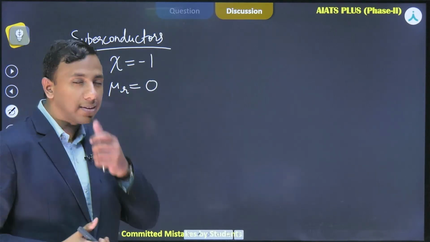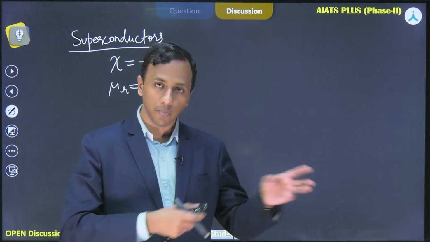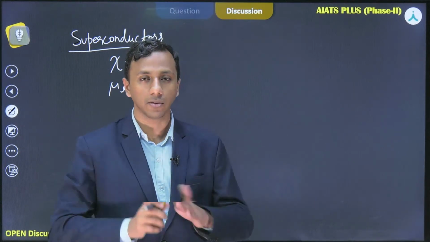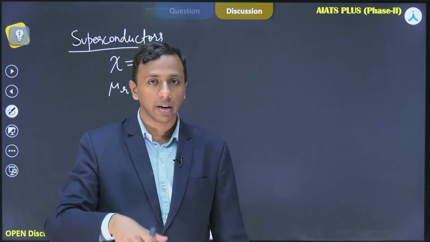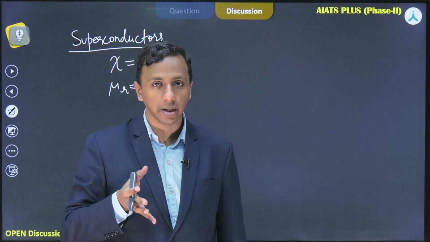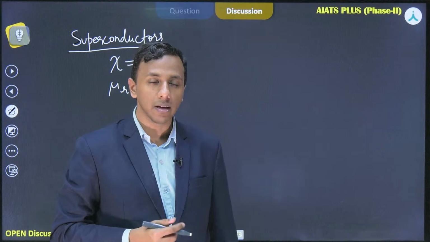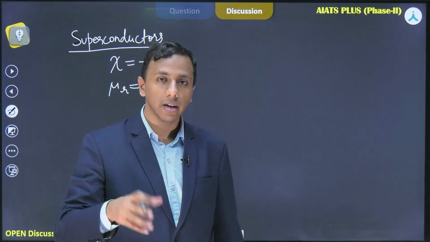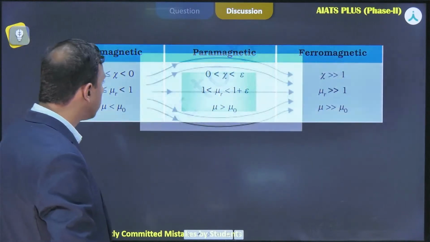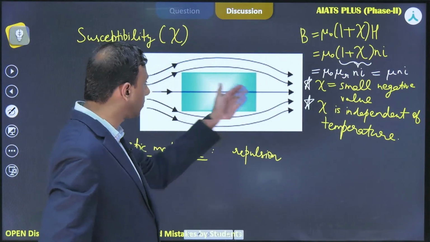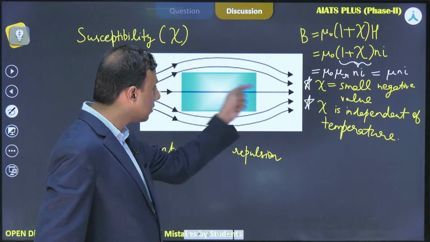Now what does that mean exactly? That means this xi is playing an opposite role. It's not supporting that external magnetic field. It's not helping those magnetic field lines to penetrate the material, right? So what would happen in this case? Nothing will penetrate. That means everything will be repelled. If you see this diagram, I had drawn just one line penetrating the material.